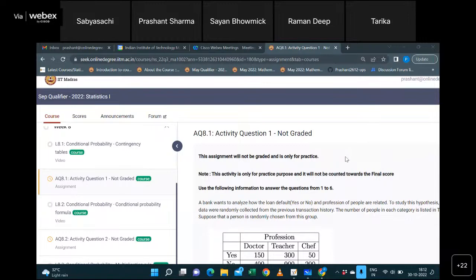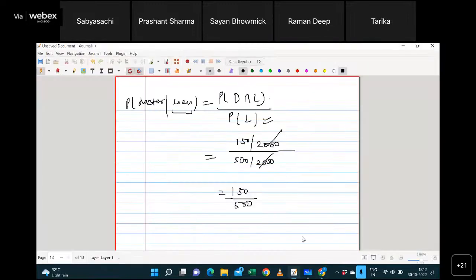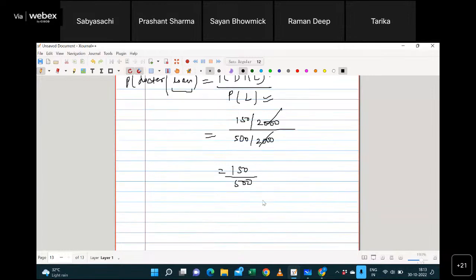The conditional probability formula and the Bayes law formula. I am confused between the two. Bayes is also a type of conditional probability. But in conditional probability, you have to do a simple thing.